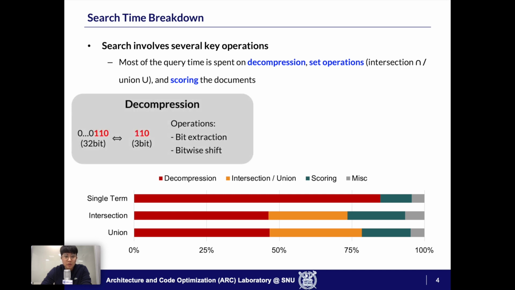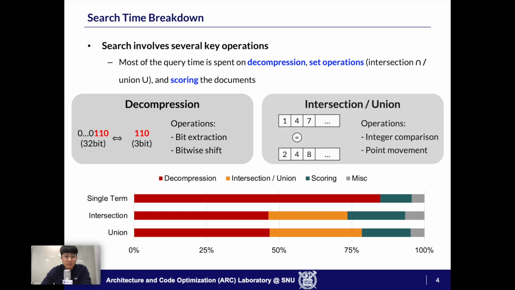Here, the decompression operation mainly consists of bit operations that decompress the compressed index data structure. The intersection and union perform set operations to identify the set of documents that are to be retrieved by this query. Finally, the scoring operation computes the search score for documents, which will be used to select the top search results.